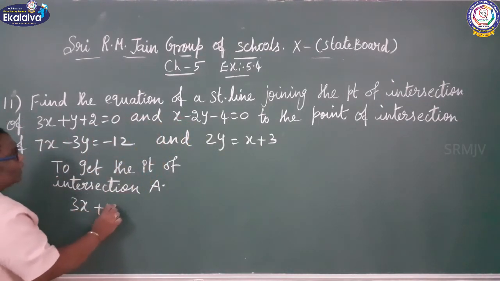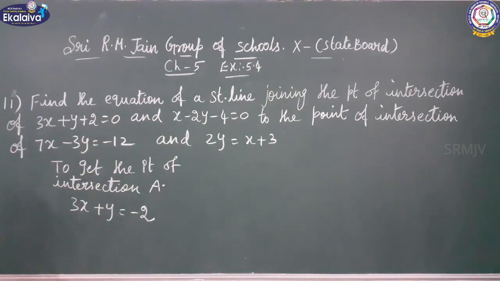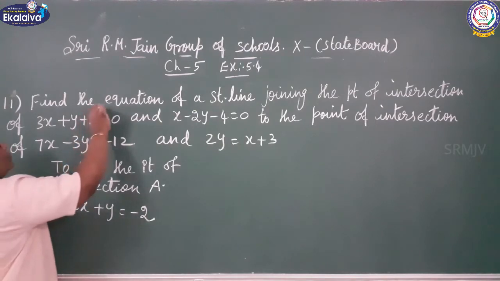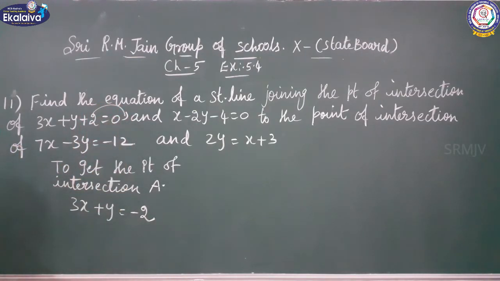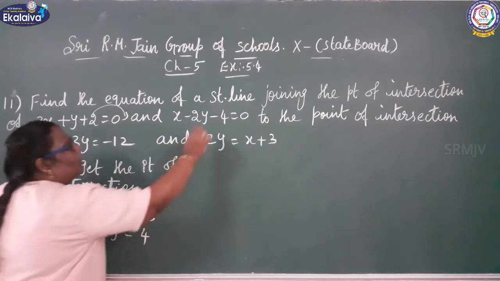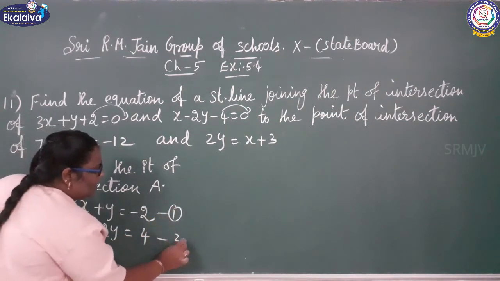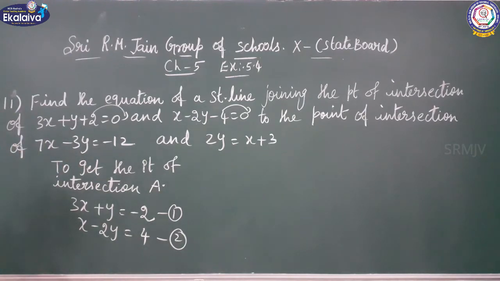3x plus y equal to minus 2, bringing the constant to the right hand side. The same way, x minus 2y equal to 4. First equation, second equation.